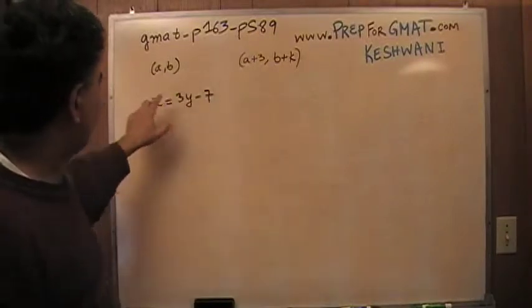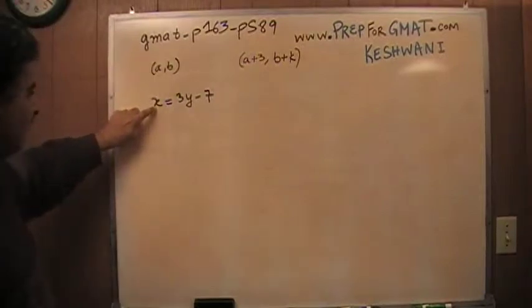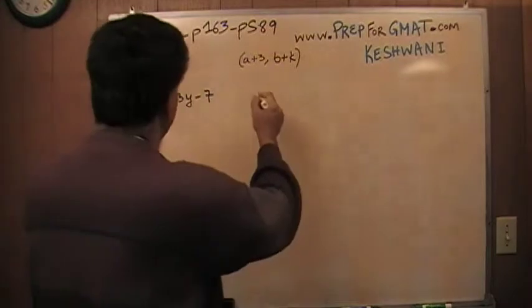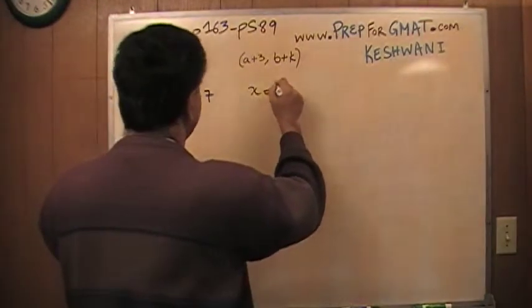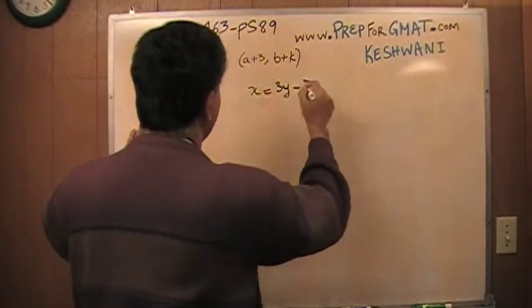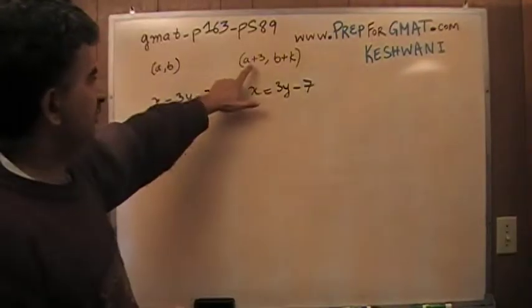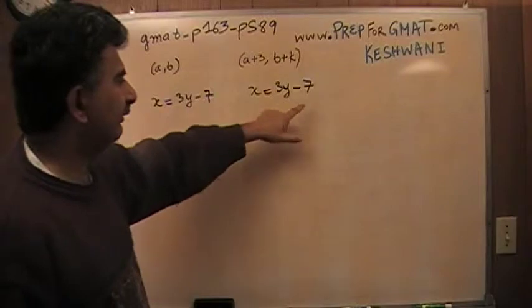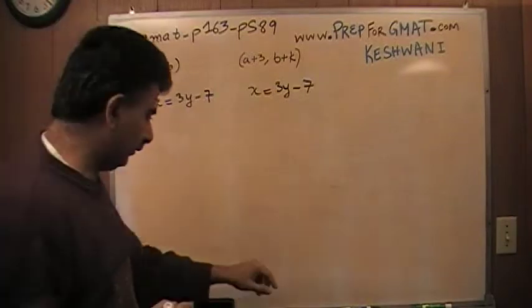Similarly, if I substitute a for x and b for y, this equation will hold. Let's write this equation again one more time. If I substitute a plus 3 for x and b plus k for y, this equation will still hold. So that's what I'm going to do.